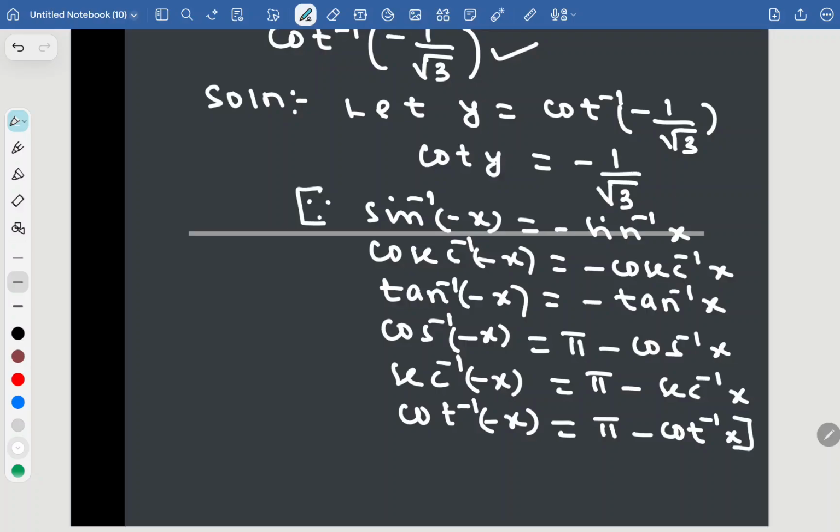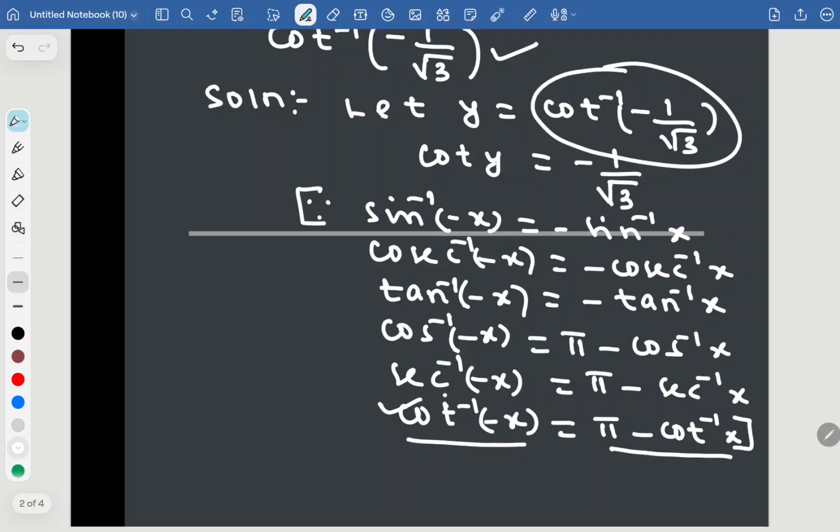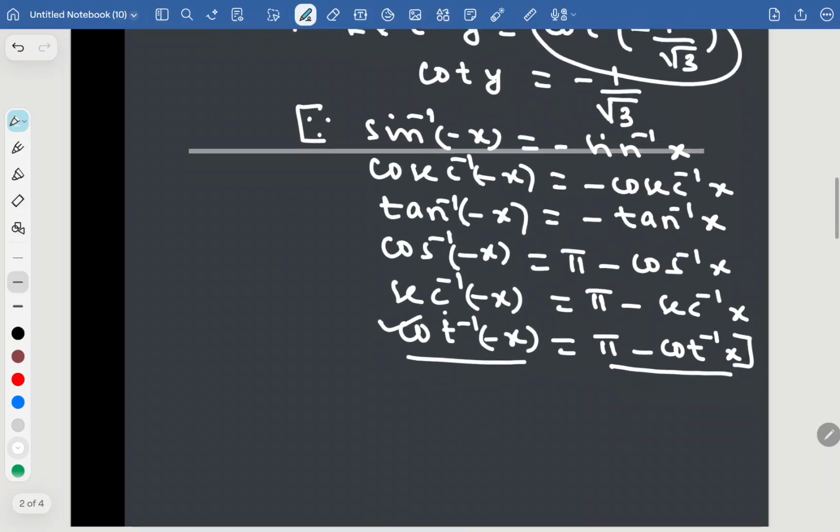Here the problem is based on cot inverse. Therefore, I am going to use this formula for cot inverse of minus x, which means pi minus cot inverse of x.